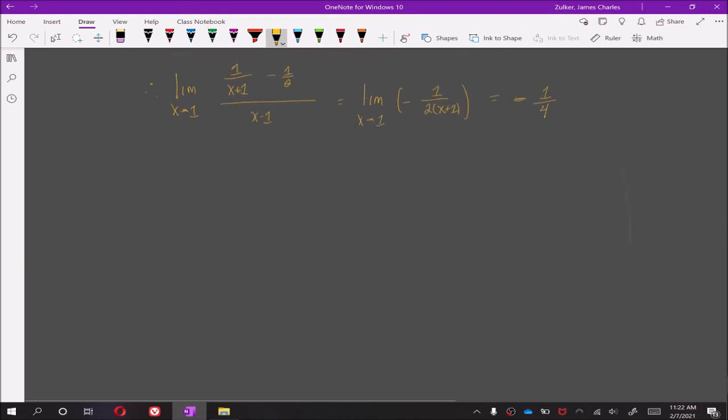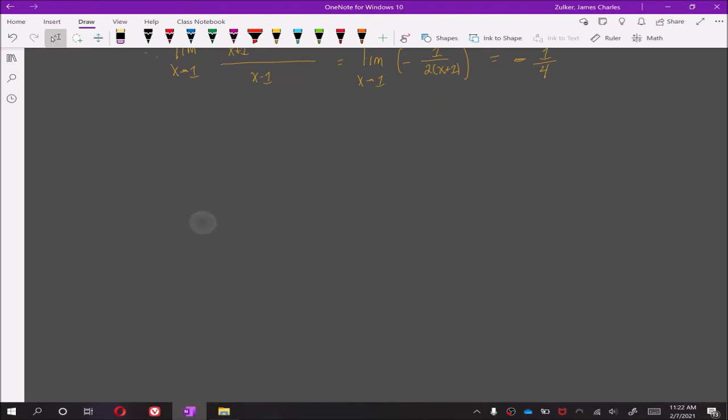So let's go ahead and look at some limits at infinity. So the limit as x approaches infinity of 3x minus 1 over 2x plus 5. Now the idea here is take the highest power in the denominator and divide everything by it.